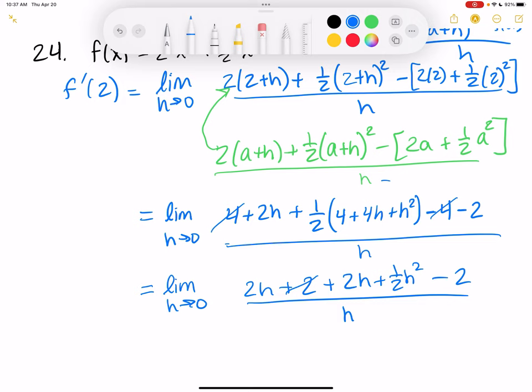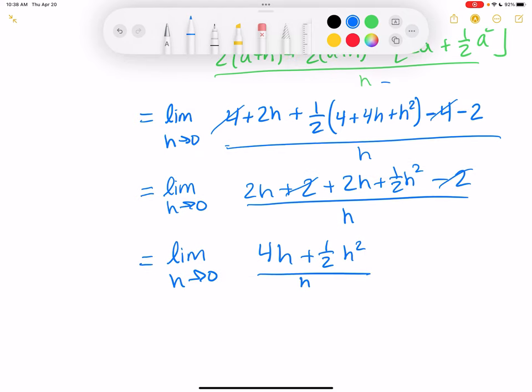So 2's cancel. I have now limit as h approaches 0 of 4h plus 1/2 h squared over h. Do you want to take an h out of the top? Yep.